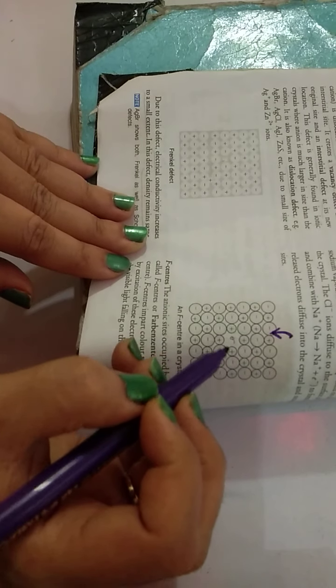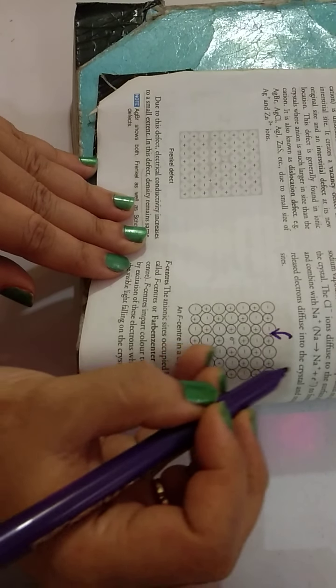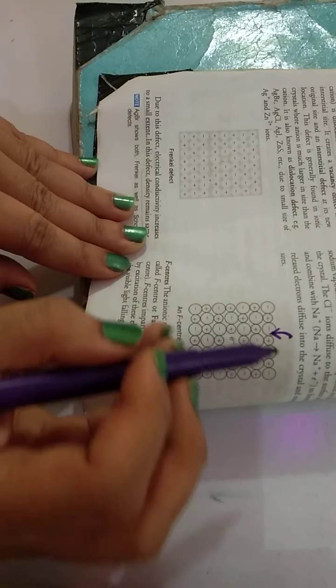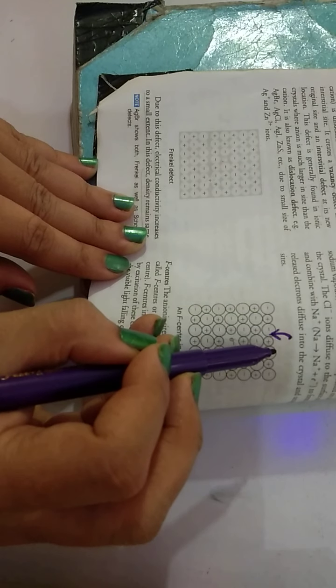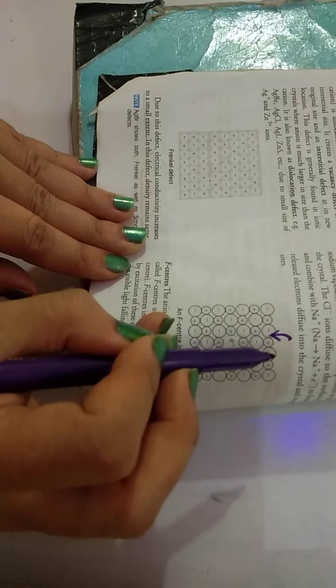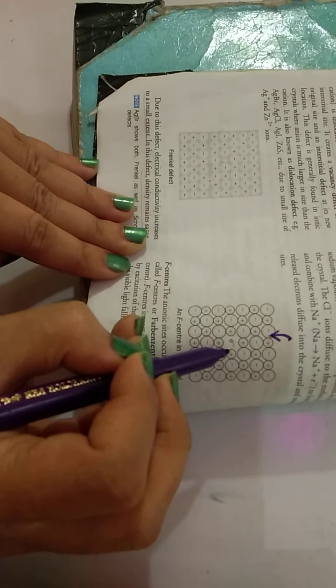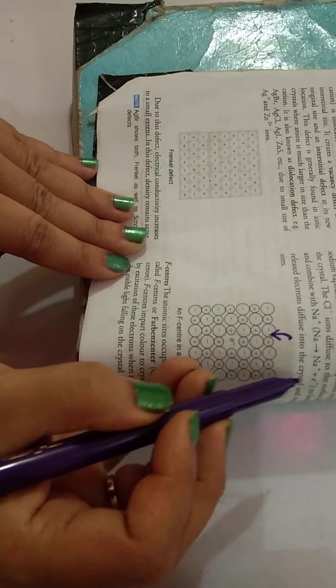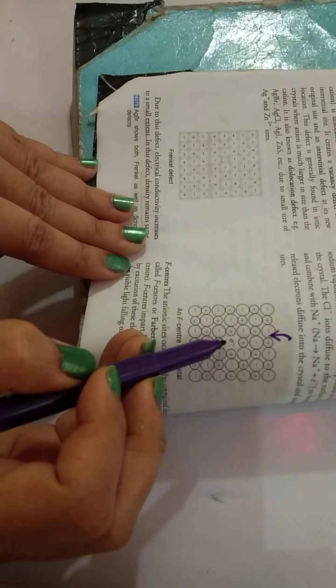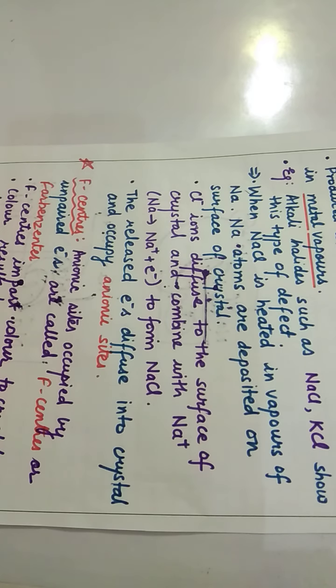Now Cl negative from here will move out and combine with Na positive to form NaCl, which will get deposited on the surface, and the vacant space left will be occupied by the electron released by sodium. So this is metal excess defect.